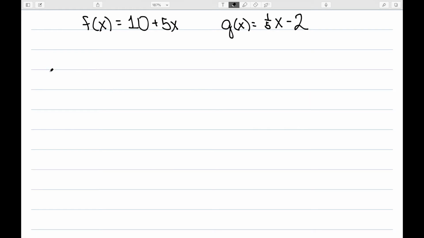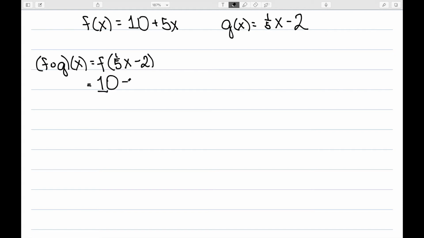Here I have two functions, 10 plus 5x and 1/5 x minus 2, and I want to know if these are inverses. I'm going to start by finding f of g of x. This means f of g of x, which is 1/5 x minus 2. So we're going to take our function f, and everywhere we see an x, we're going to replace it with this.